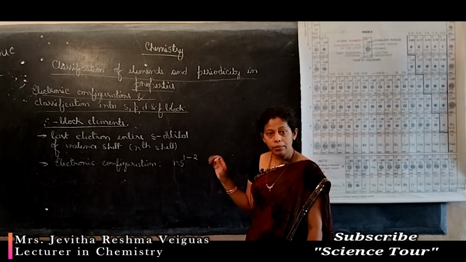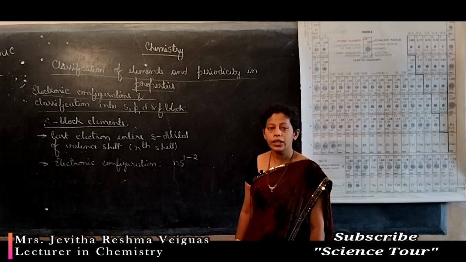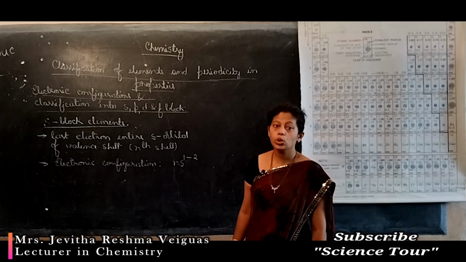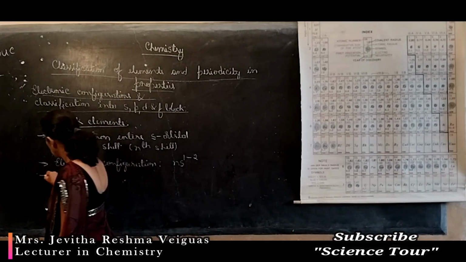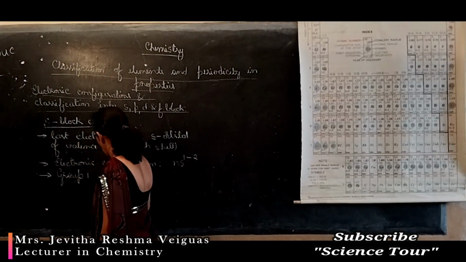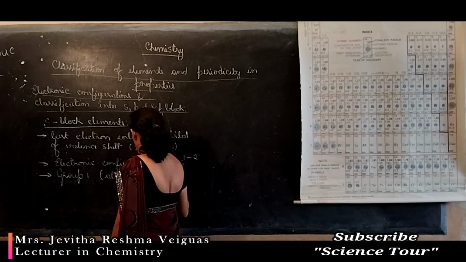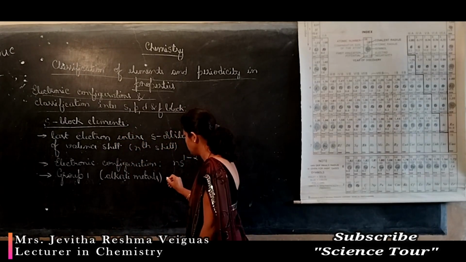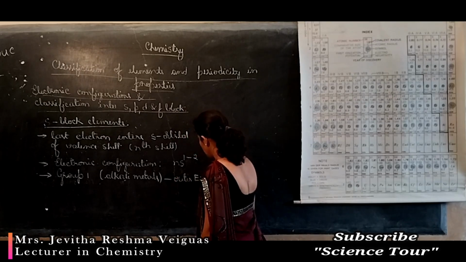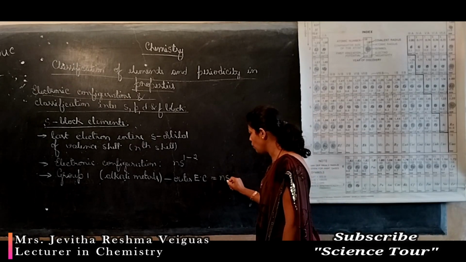If the elements have 1 electron in the ns orbital, the configuration becomes ns1. Such elements belong to group 1. So, group 1 elements, which are also called as alkali metals, their outer electronic configuration, I will abbreviate as EC, is ns1.